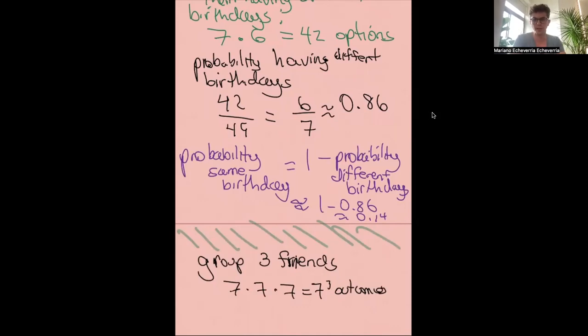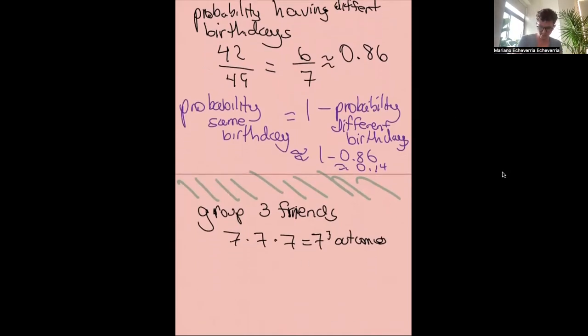That's the total possibility, 343 outcomes, different arrangements for the birthdays of each person.